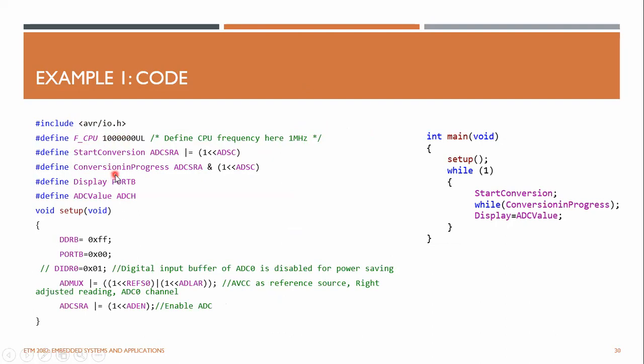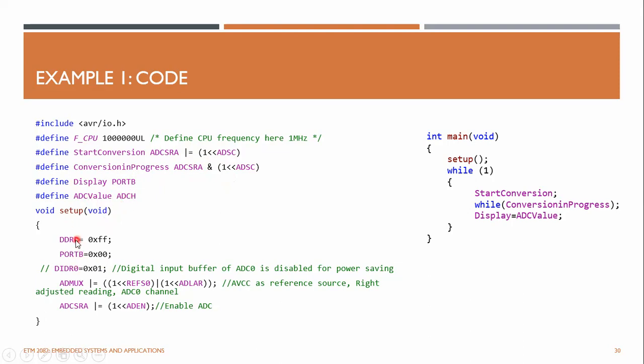I have defined the start conversion: in the ADCSRA register, ADSC, the start conversion bit, should be set, and you can check whether this bit is cleared or not with this command, to see whether the conversion is in progress. If you are not familiar with these things, just go and look at the digital output lecture notes explained previously, right? And I have defined port B as display, and the ADC value as ADCH.